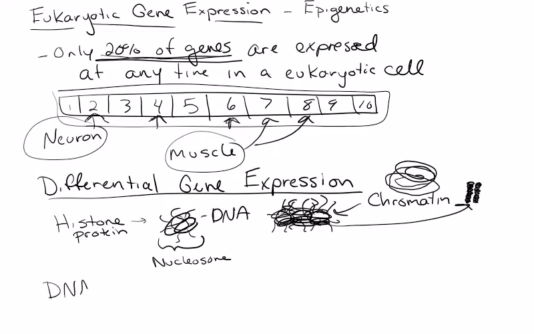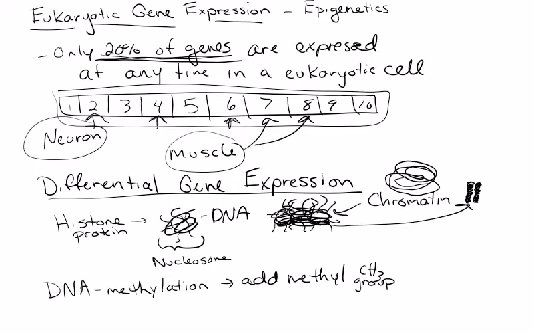And so DNA can be methylated, and we call this DNA methylation. A methylation is where we add a methyl group, and you don't need to know what a methyl group is. It's a CH3, but don't worry about that. So we add a methyl group, okay, onto this nucleosome, basically onto the histone.